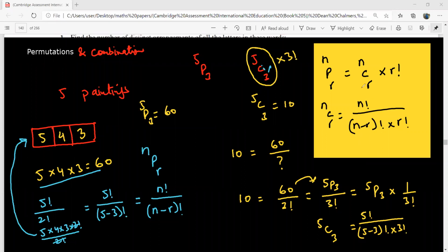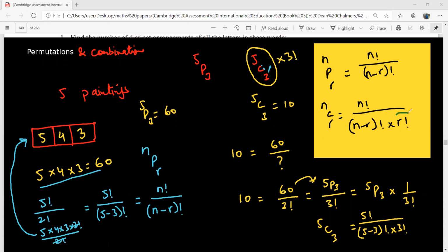If you look at these two formulas over here, I haven't written down the other formula. Let me write it at the top as well. So this NPR is n factorial over n minus r factorial. You see that there is this r factorial.